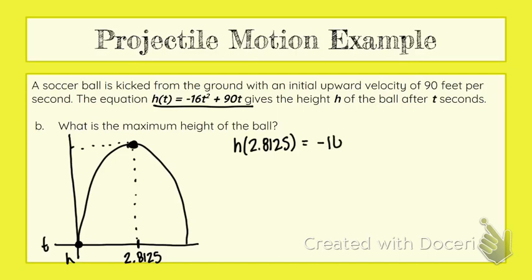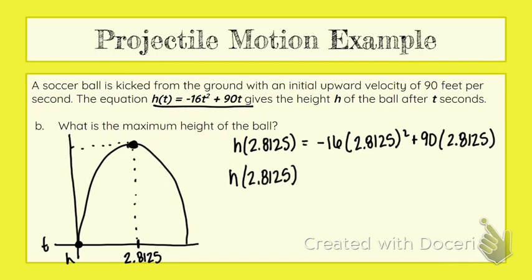So that's going to be negative 16 times 2.8125 squared plus 90 times 2.8125. And you can just type that straight into your calculator, and you're going to get h of 2.8125 equals 126.5625 feet.